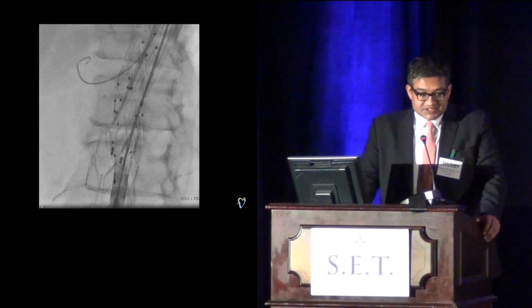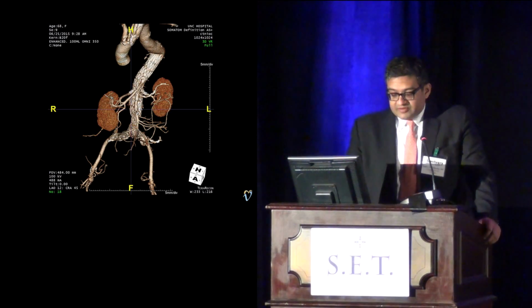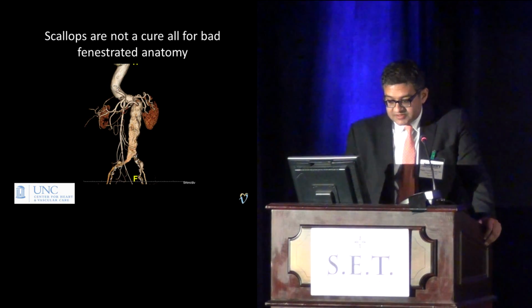This is a completion CT scan showing a complete endovascular exclusion of the aneurysm, the 4-vessel fenestrated device. However, the use of these access scallops is not a cure for all bad anatomy for a fenestrated.